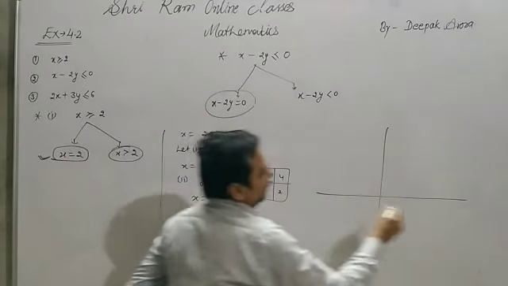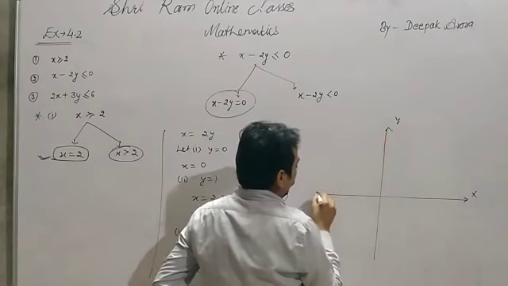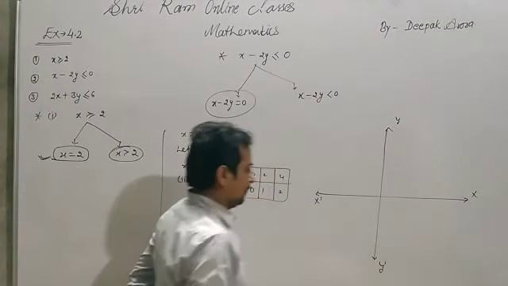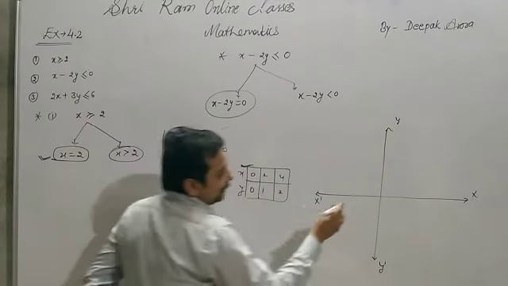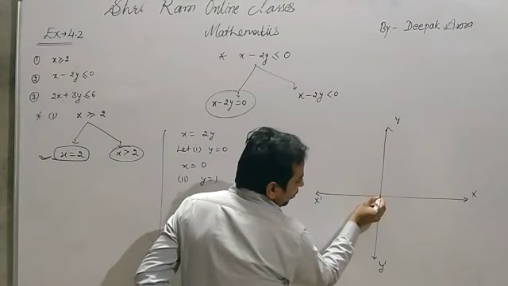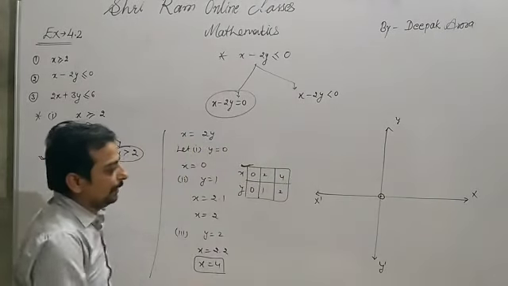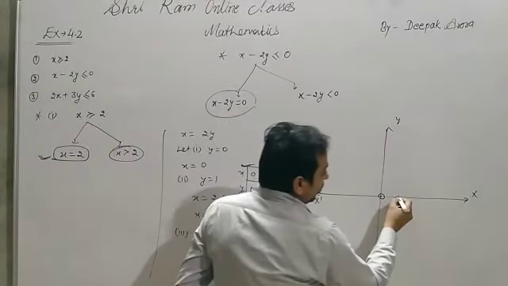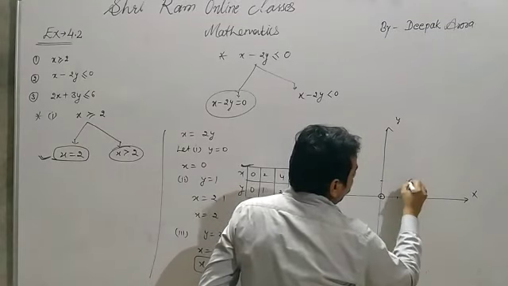Now we plot the values on the x, y, x dash and y dash axes. First we mark the point 0, 0. We know very well that 0, 0 is called the origin point. The second value is y equal to 1 and x equal to 2, so this point will be here.